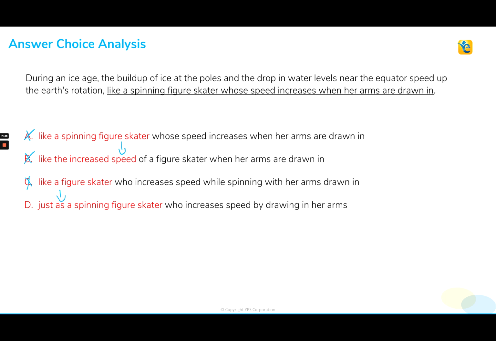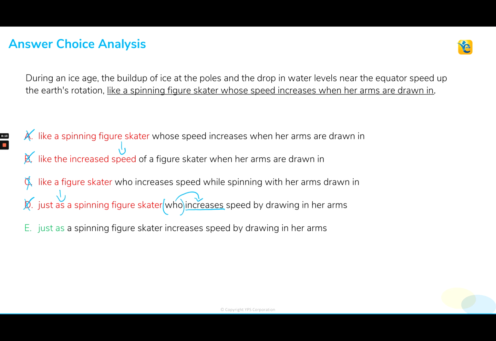You're not going to see one, because in the absence of the verb, the use of as to present the comparison is considered incorrect here. Now, you may say that increases here is our verb, but we have who sitting here. So this who increases is actually working as the subject-verb pair. There's no verb associated with spinning figure skater.